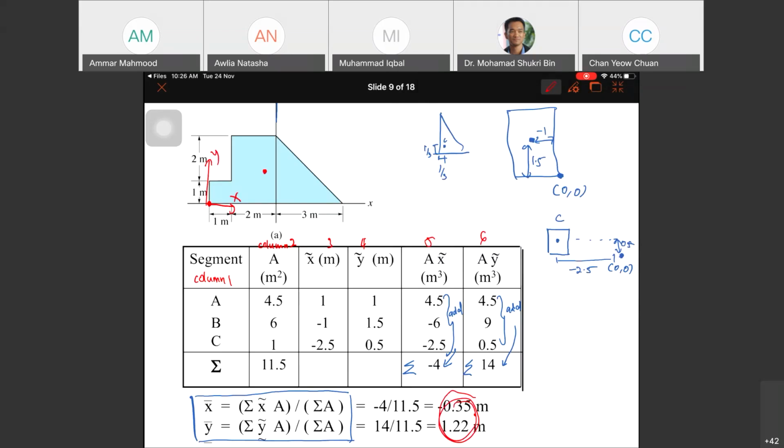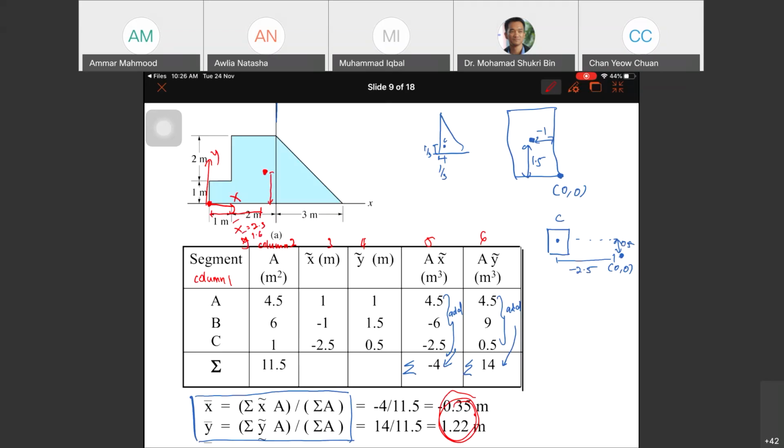If you choose your origin here, your answer might be, I don't know, X bar is maybe 2.3 something, and Y bar is measured from the distance from here, maybe 1.6. I don't know. You need to try.